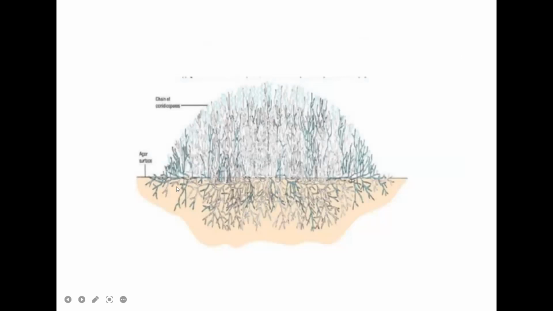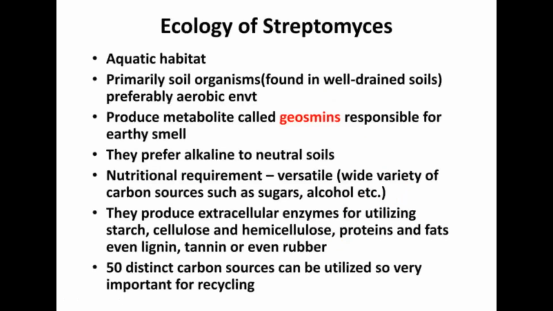The roots, these structures present in the subsurface area, will give more strength to the colony. So we can't remove that colony very easily from the plate. It will stick very tightly to the media.